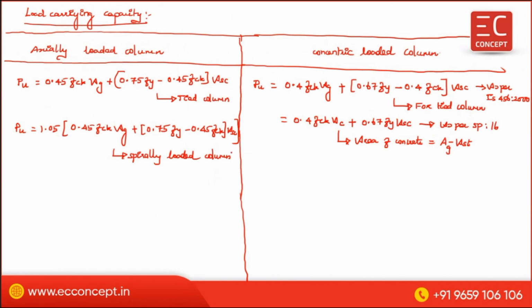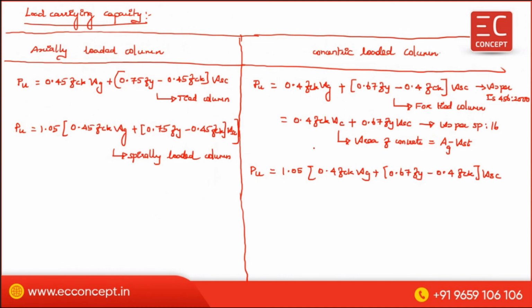Next, Pu is equal to 1.05 times 0.4 fck Ag plus 0.67 fy minus 0.4 fck into Asc.